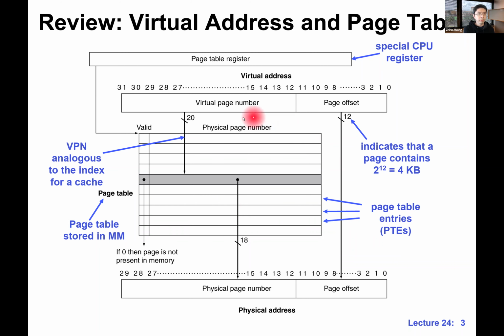We use the VPN, or virtual page number, to address the page table. And if we have a valid page table entry, or valid PTE, we can retrieve the PPN, or physical page number. Then we just concatenate the physical page number with the page offset. That's how we get the physical address.